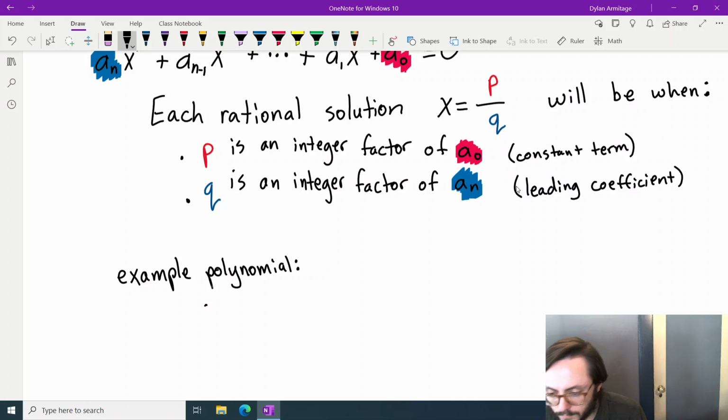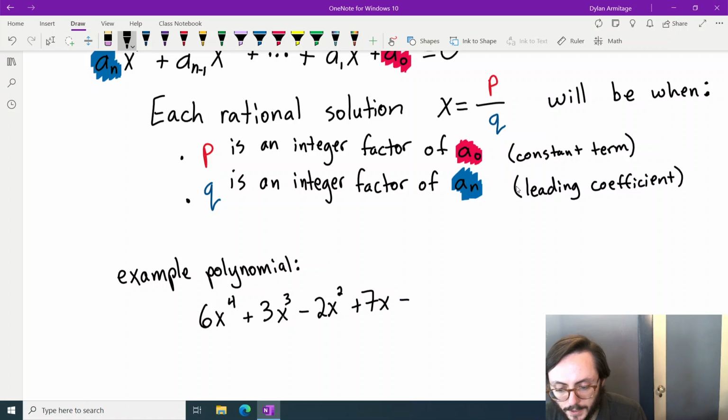6x to the 4th plus 3x to the 3rd minus 2x squared plus 7x minus 10 equals 0. Okay, so in this case, our constant term would be negative 10, a sub 0.